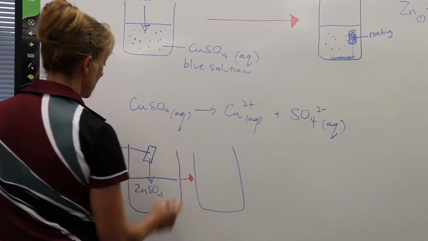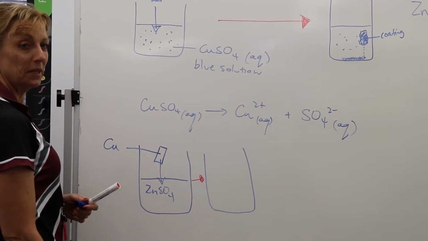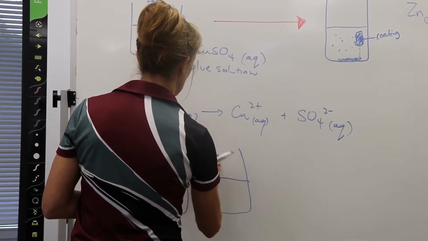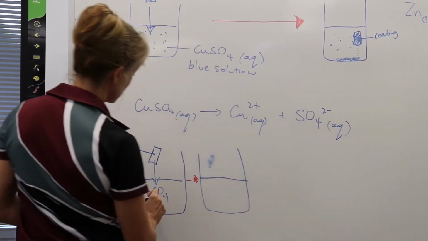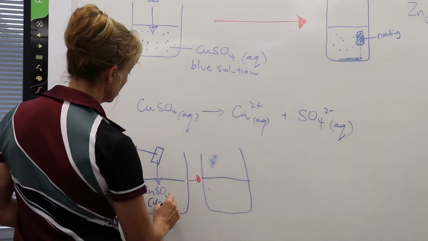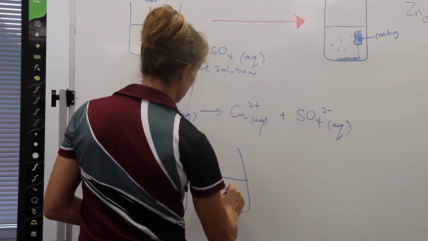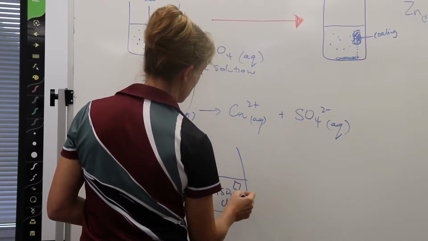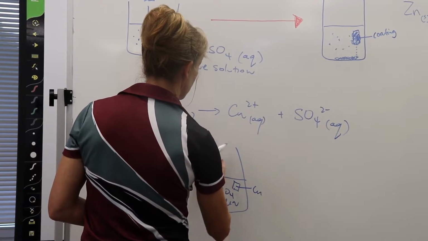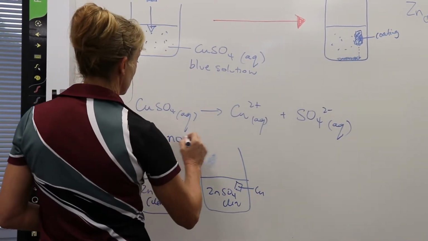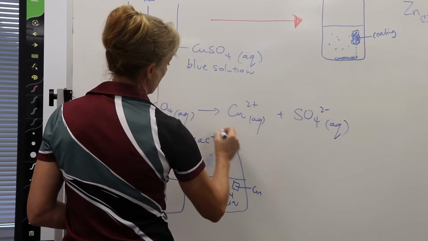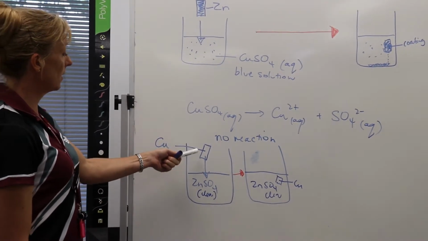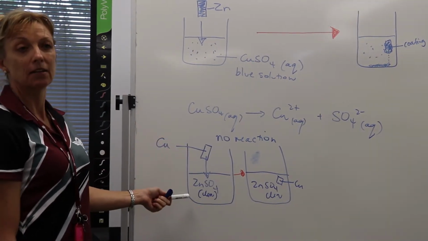When we put that in there, nothing will happen. And you'll go, oh, that's boring. It is. The result would be zinc sulfate is a clear liquid, looks like water. You would have your zinc sulfate still being clear with a piece of copper, actually sinking to the bottom. Copper, no reaction. And that tells you information as well. You don't need to do both of these. That tells you that copper is less reactive than zinc.